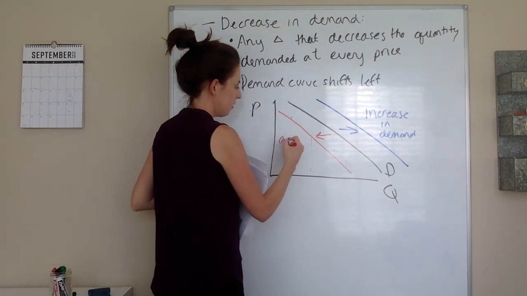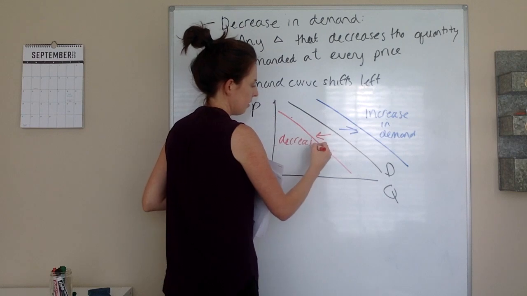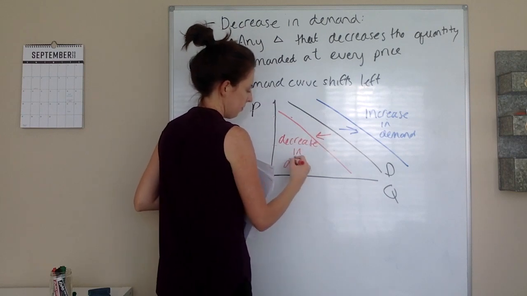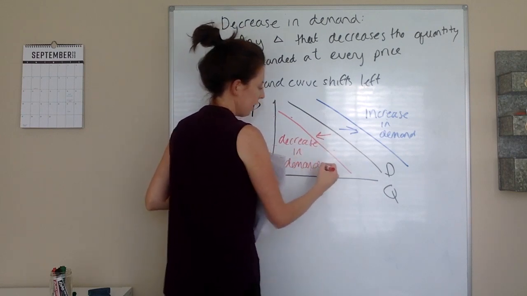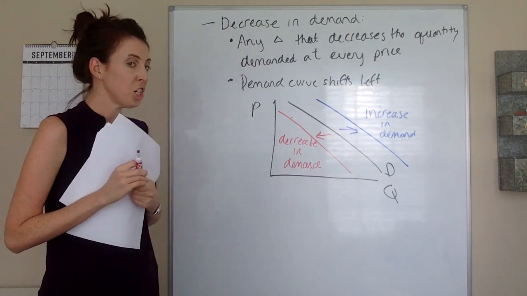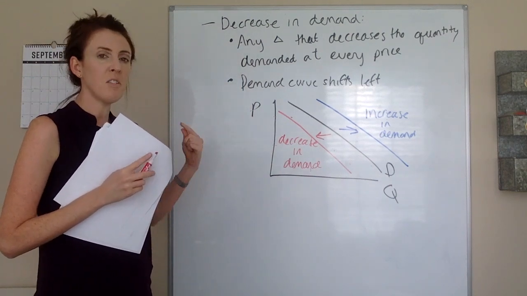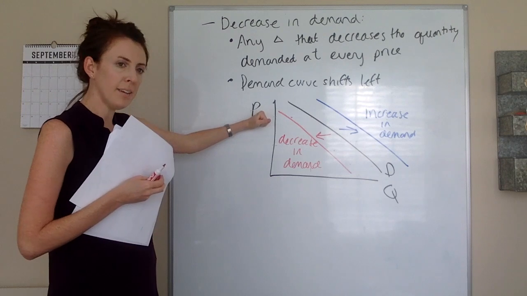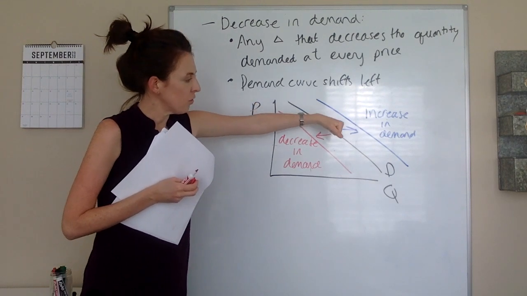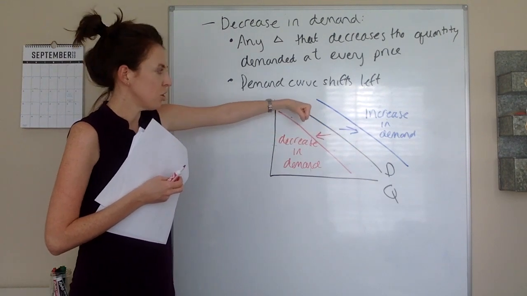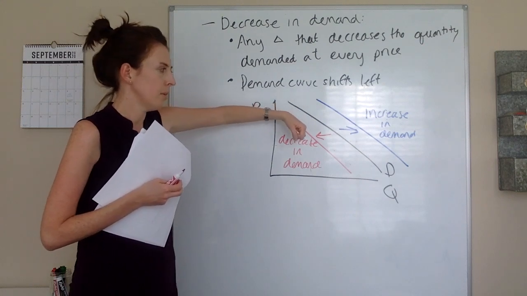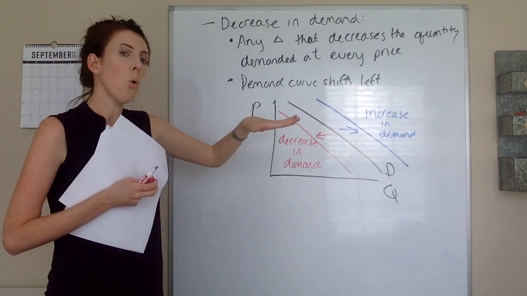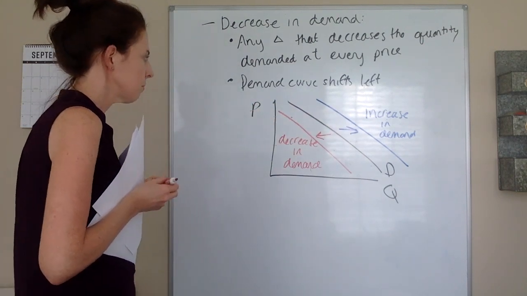So this is a decrease in demand. And again, the curve is shifting left. It's not shifting down. It's moving left because we're pegging the price and then taking each quantity demanded at that price and moving either right or left. So it's a horizontal shift and not a vertical shift.